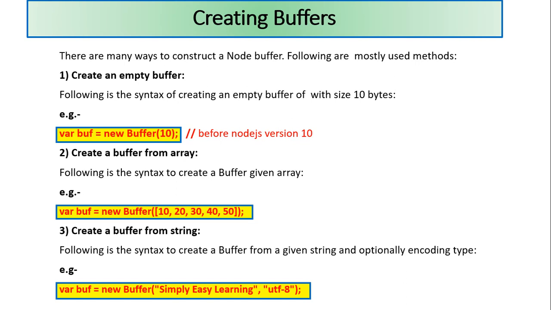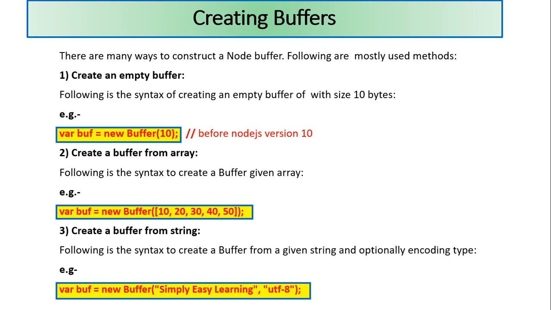The first one is the string and the second one is the encoding type. The variable buff in our example is used to store the buffer object created from the string with the specified encoding UTF-8. So you create a buffer from a string with UTF-8 encoding. It means that the string is converted into its binary representation using the UTF-8 encoding system.